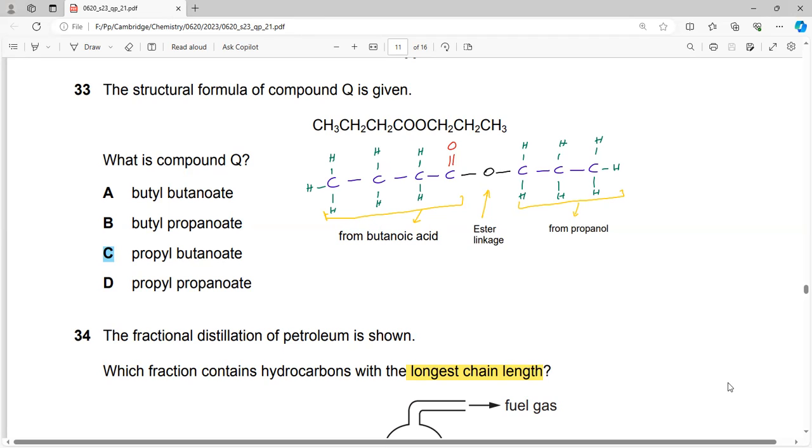That's where the oxygen came in between the carboxyl group and carbon. So we can give a name to this molecule: propyl butanoate. Why propyl? Because it came from propanol, and this part is from butanoic acid. That makes an ester linkage, producing propyl butanoate. So C is our correct option here.